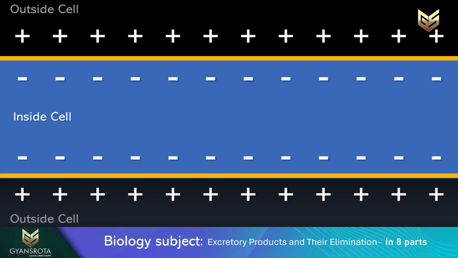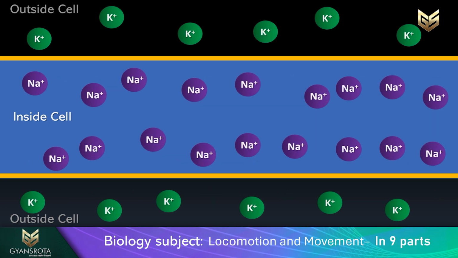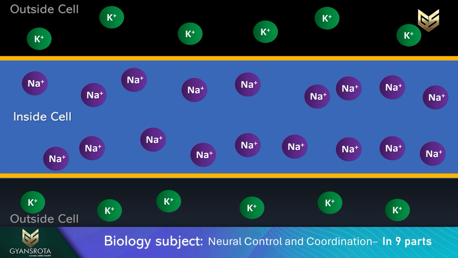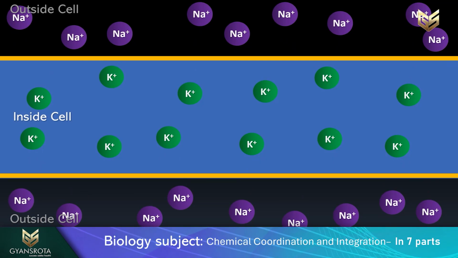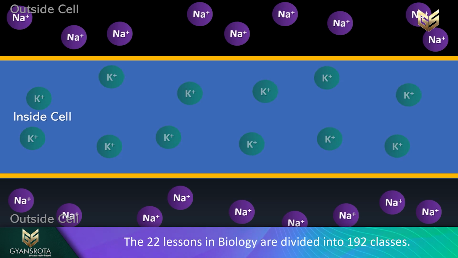When a neuron is at rest, a charge difference is maintained between the inside and outside of the cell, and this charge difference is produced and maintained largely by the active transport using sodium potassium pumps.